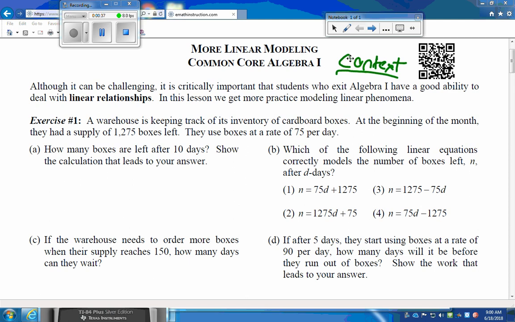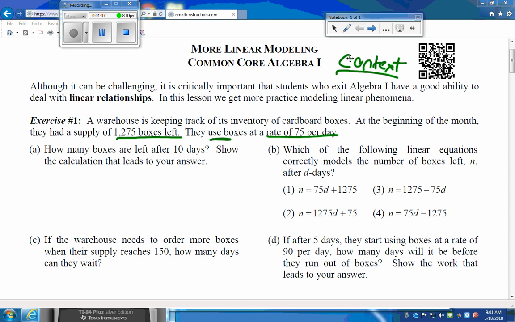If you look at exercise 1, it's talking about a warehouse that's tracking its cardboard boxes. It says at the beginning of the month they had a supply of 1,275 boxes left, and they used the boxes at a rate of 75 per day. I'm going to skip over to part B, which says which of the following would correctly model the number of boxes left. Because they're using boxes, that means they're subtracting 75 per day.